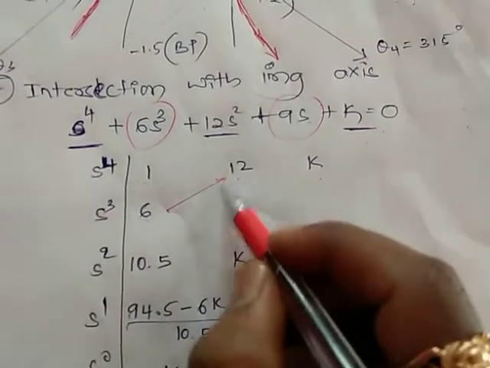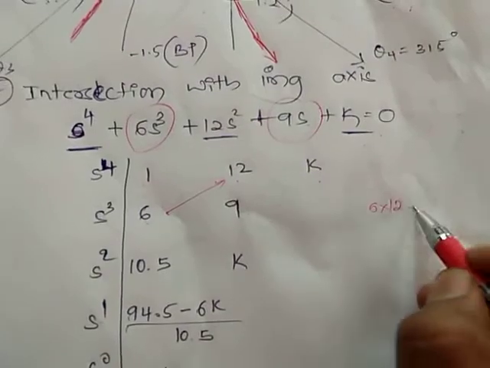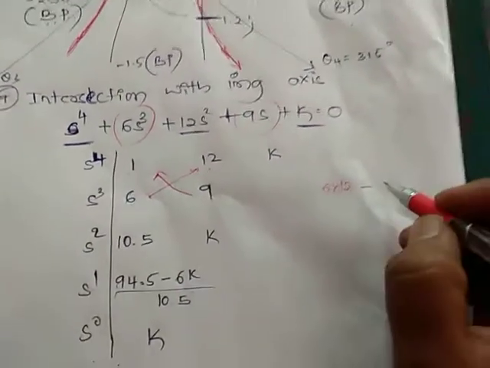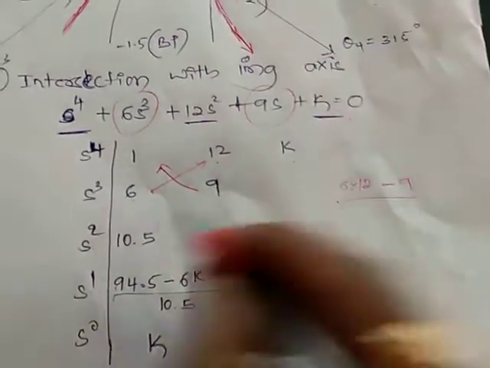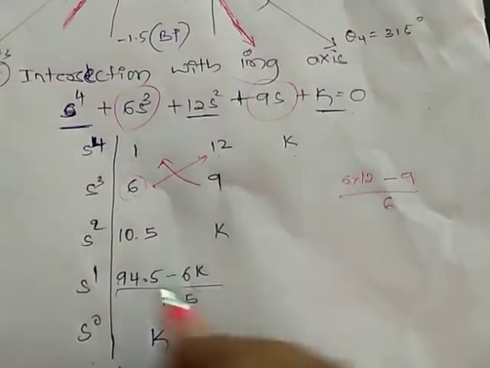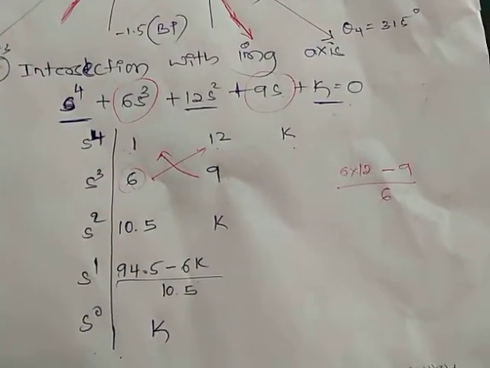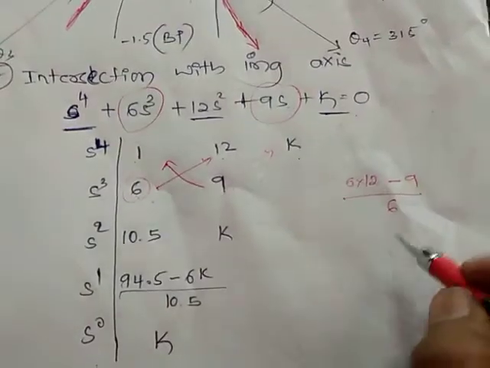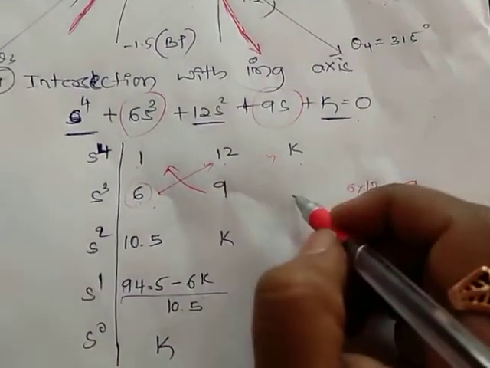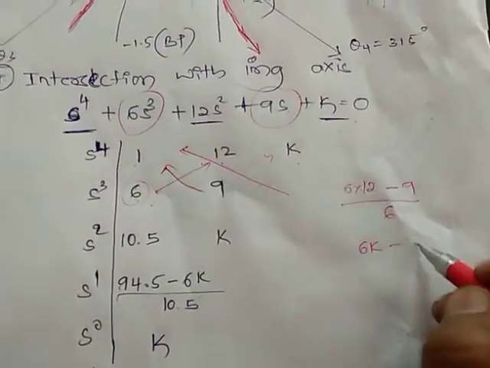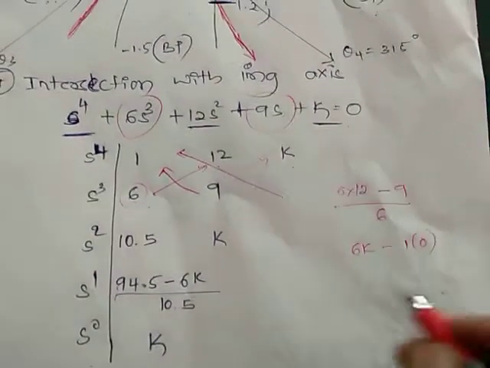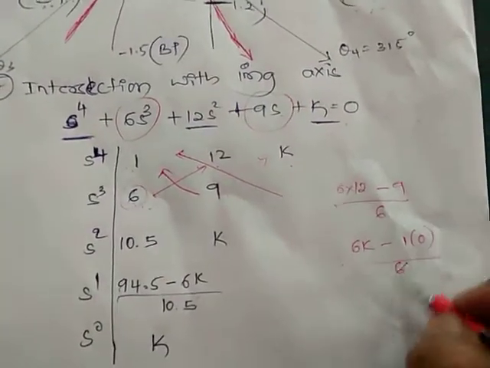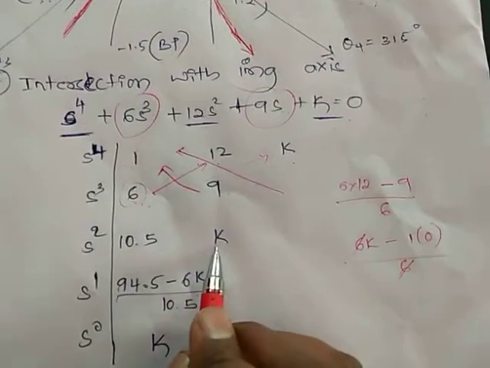Then (6 into 12 minus 9) divided by 6, you will get 10.5. Similarly, (6 into K minus 1 into 0), there is no term, so 0, divided by again 6. The 6 will get cancelled and K will remain.